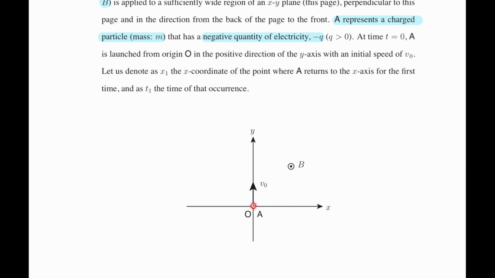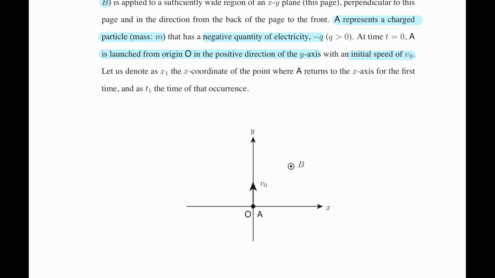This is A. So A is a negatively charged particle with mass m, and the charge is negative Q. At time t equals 0, at initial, A is launched from origin O in the positive direction of the y-axis with an initial speed V0, as you can see in this diagram. The initial speed of A is V0, the direction is positive y-axis.